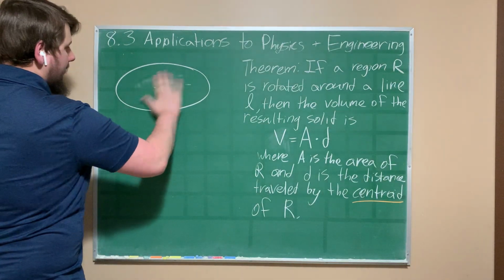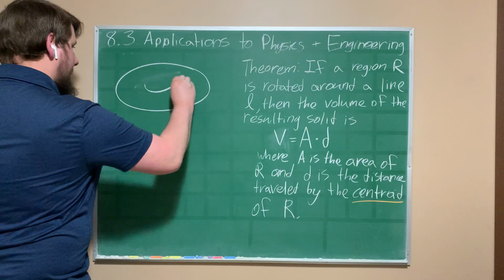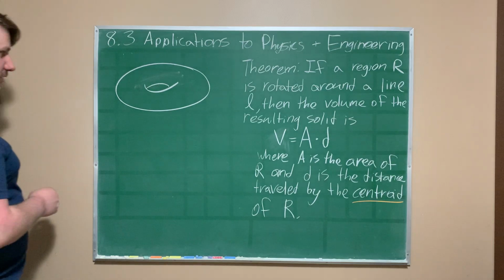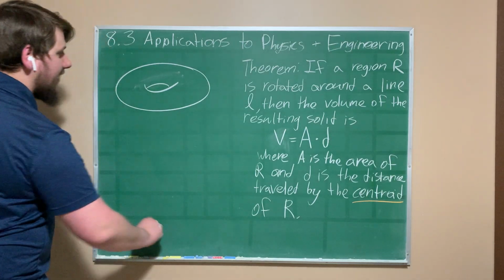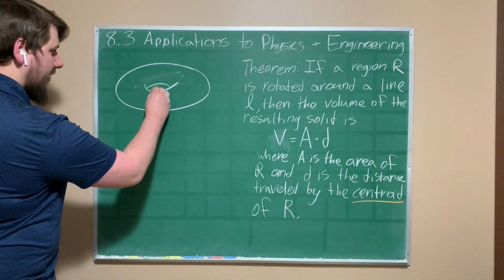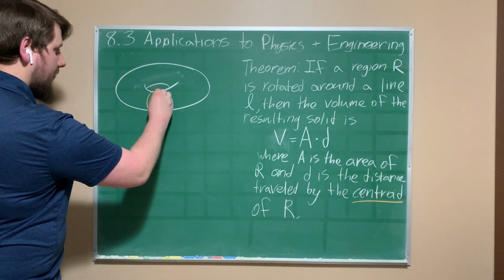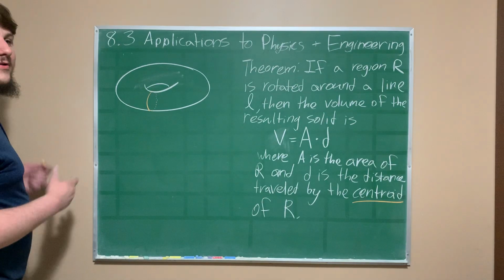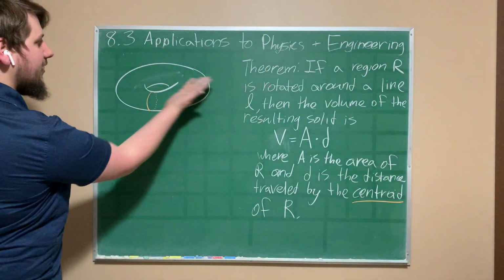Let's see if I can do this a little better here. So I hope you can see that this is a donut shape now. So you can take a circular cross section. If you were to cut right here, you would end up with a circular cross section cut out of like a donut or a bagel. And you could also slice it a little more traditionally like a bagel down this direction.